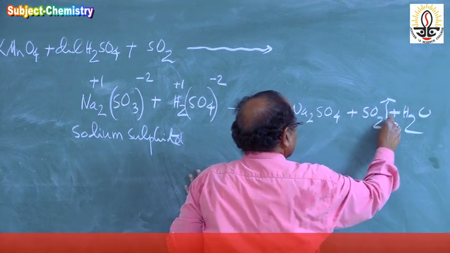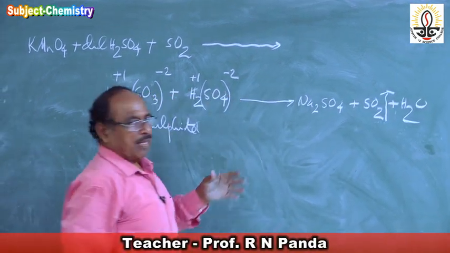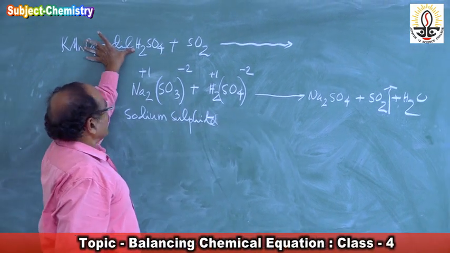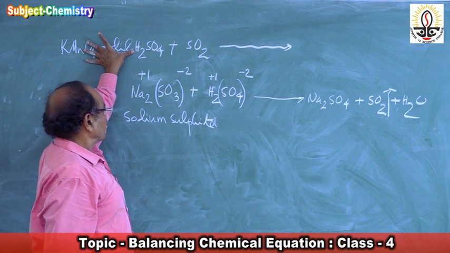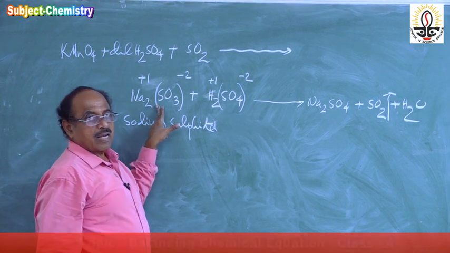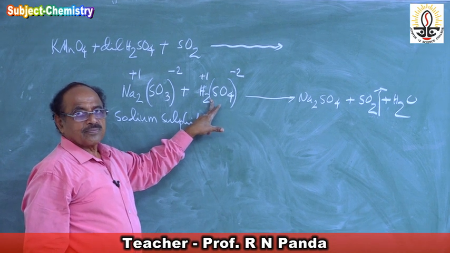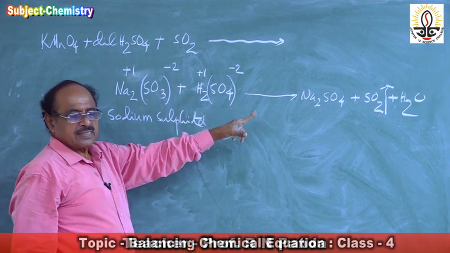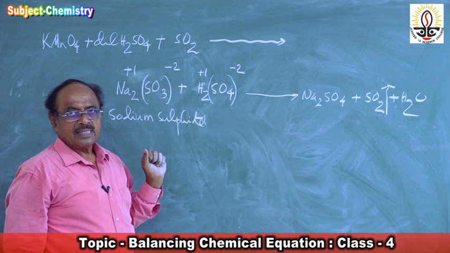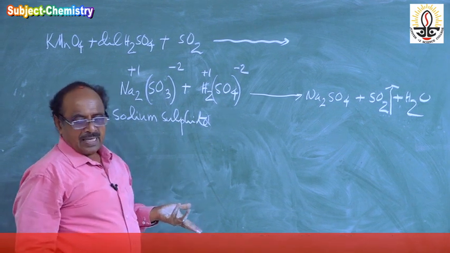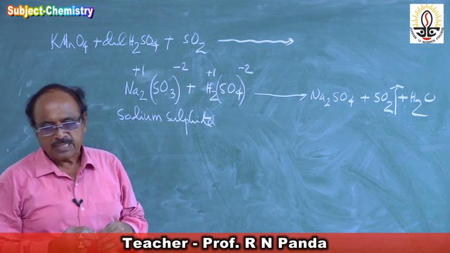So sulfur dioxide gas will come out. I took sodium sulfite and treated it with sulfuric acid. It forms sodium sulfate, sulfur dioxide plus water. I will take that sulfur dioxide gas and allow it to react with acidified potassium permanganate.